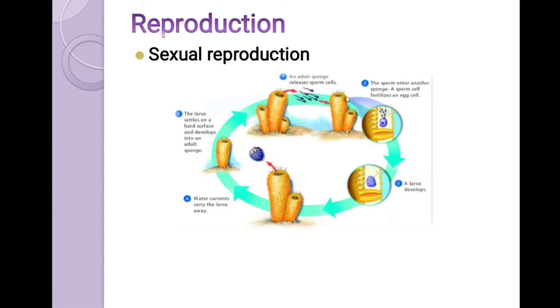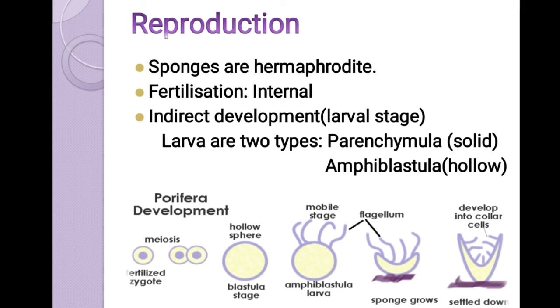And the next reproduction is the sexual reproduction. So sponges have two types of reproduction: asexual reproduction and sexual reproduction. Sponges are hermaphrodite, which means they have both the male and female sex organs.